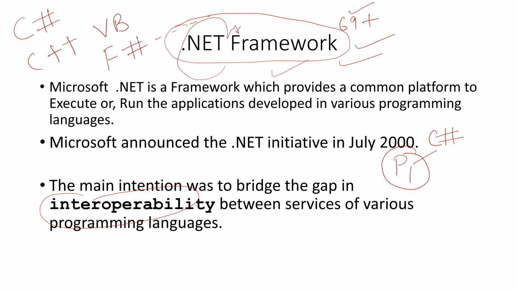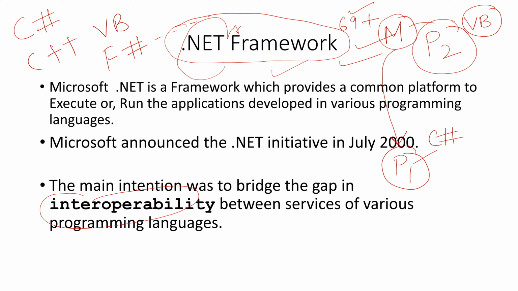Consider a year back you developed another project P2, and this project was in some other language, for example VB. In this project you had a module, let us call that module M. What you wanted was to use this module in your project P1.